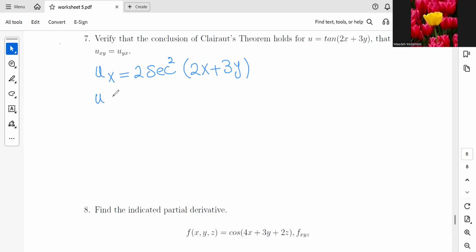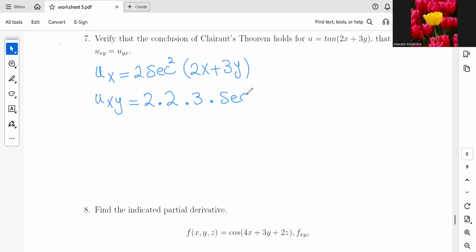And from this, we're going to find the derivative with respect to y as the second derivative. So in here, we should consider the coefficient, the power, and the derivative of the inside, which is 3, because we're going to find the derivative with respect to y.